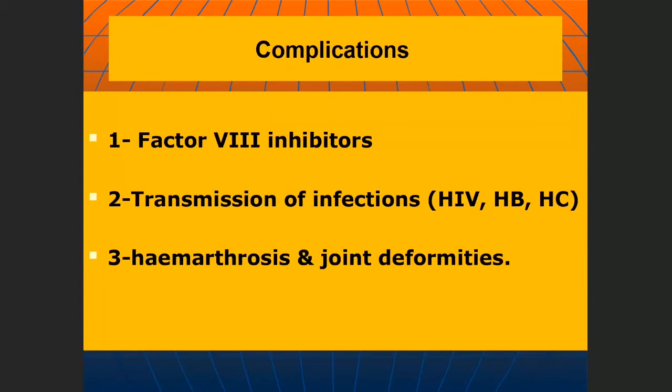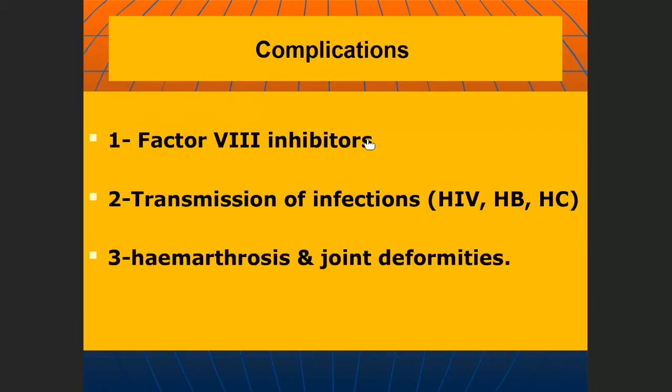Complications of hemophilia A. As a result of treatment, hemophilia A can be complicated by factor 8 inhibitors or antibodies. Antibodies against factor 8 can develop as a complication of treatment, because we give the patient factor 8 from outside. Factor 8 is considered a foreign antigen. The immune system may, over time, recognize it as a foreign antigen and produce antibodies or inhibitors against factor 8.